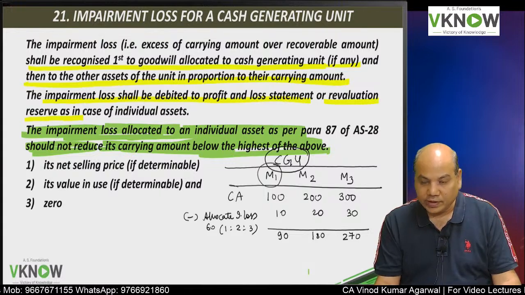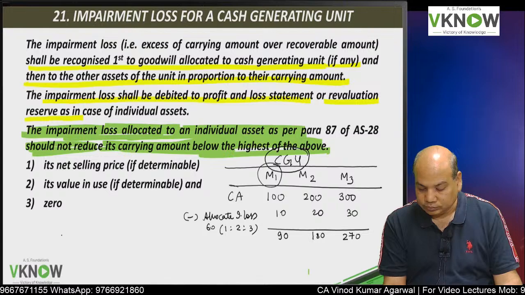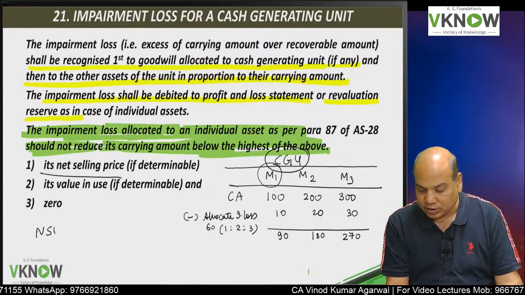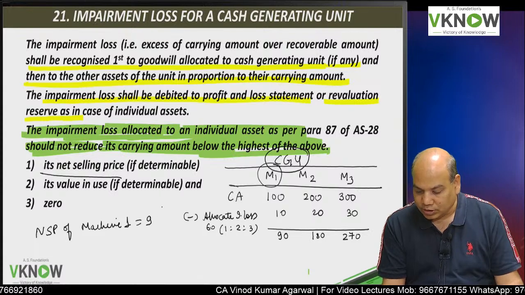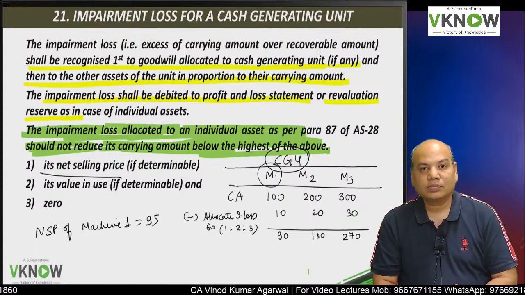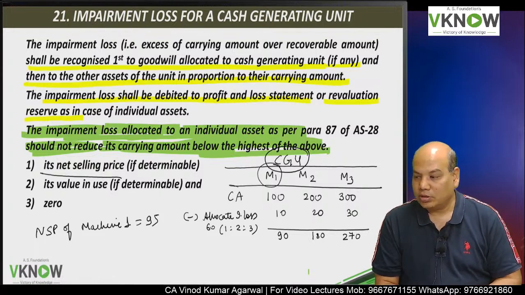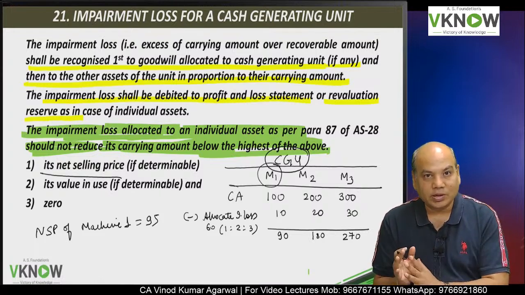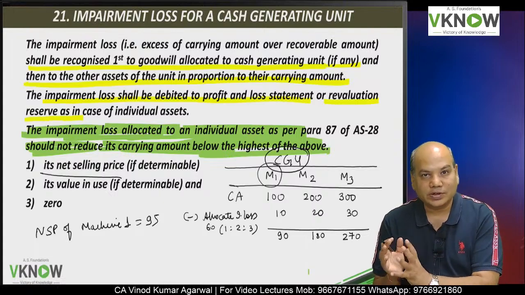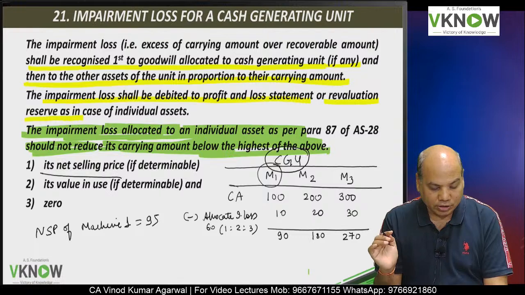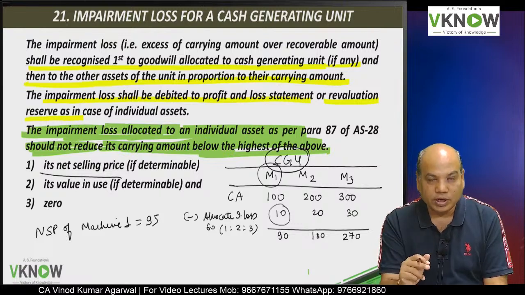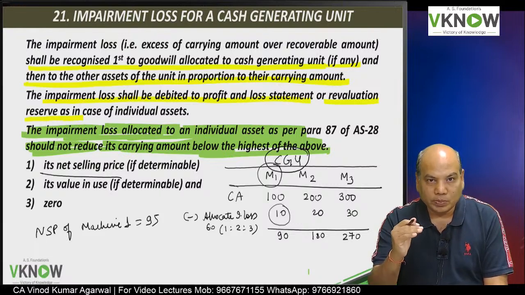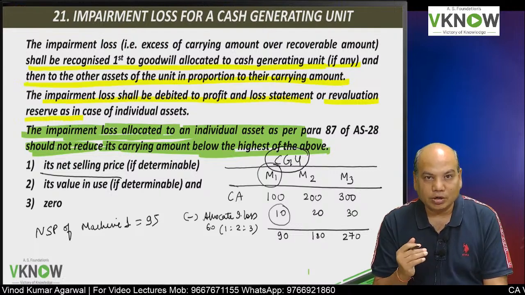Suppose, for example sake, the net selling price of machine 1 is, let's say, 95. If I sell machine 1, I'll get 95, and it is determinable. So what this standard is trying to say is that after providing impairment loss, it cannot be reduced below the higher of the three.